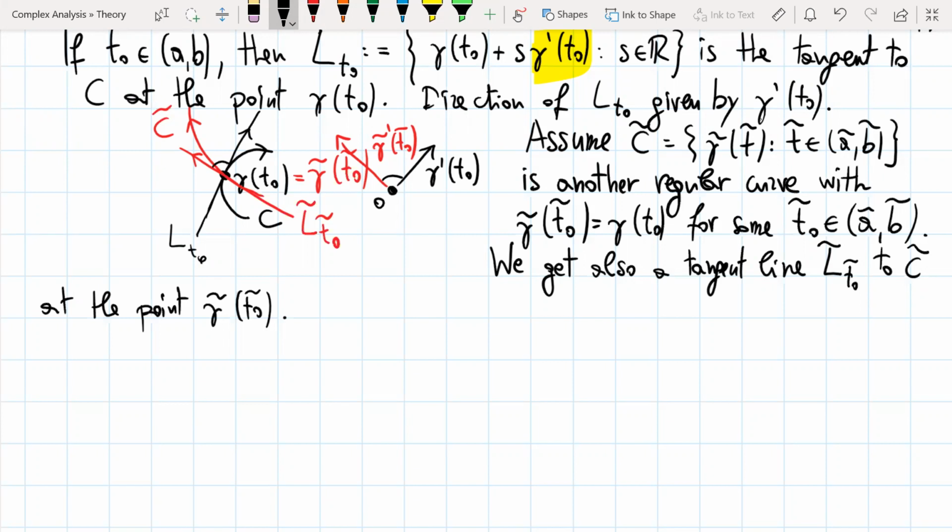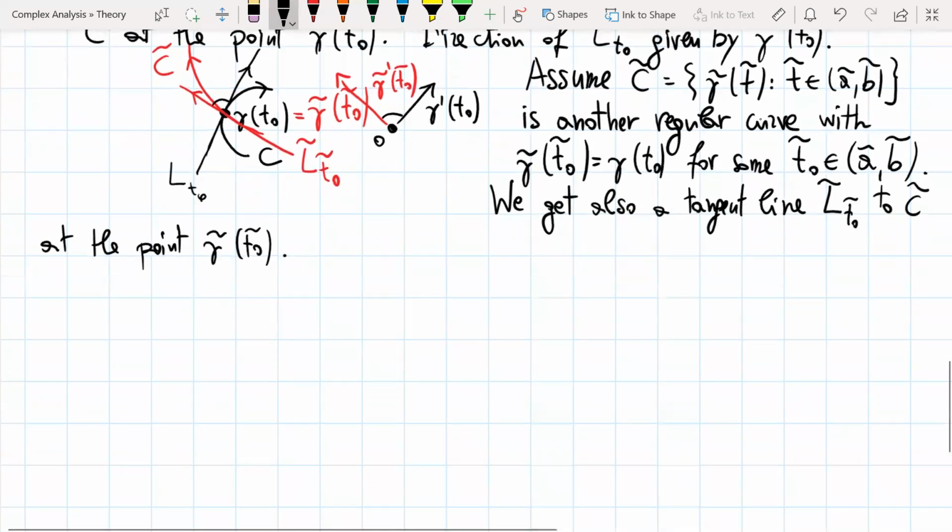So this is exactly what we are going to do. Let's give then the definition.